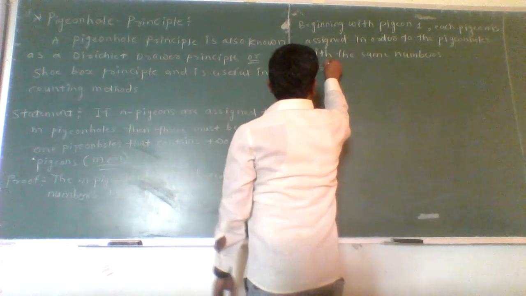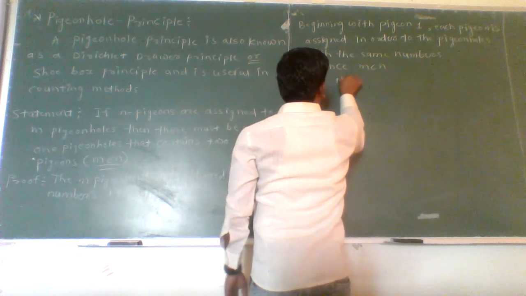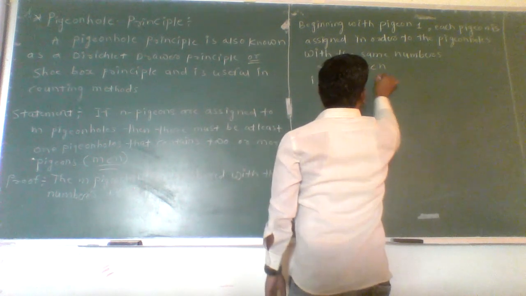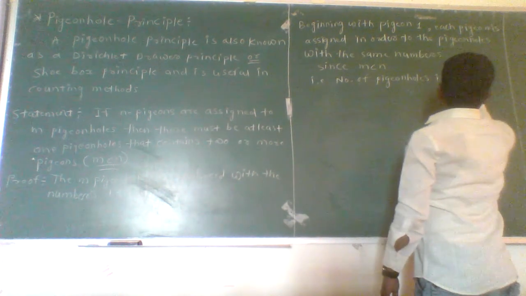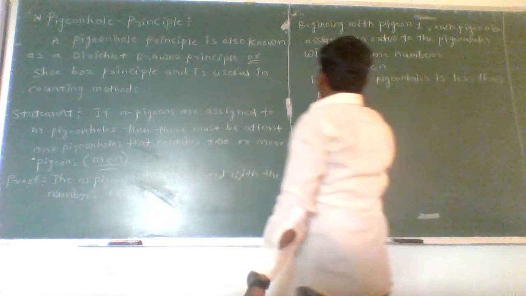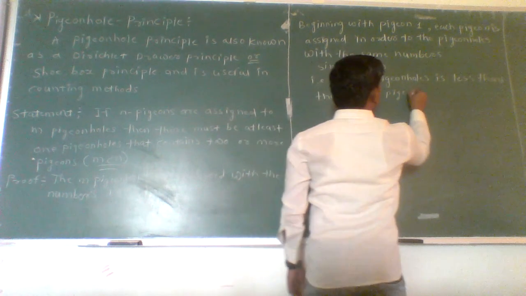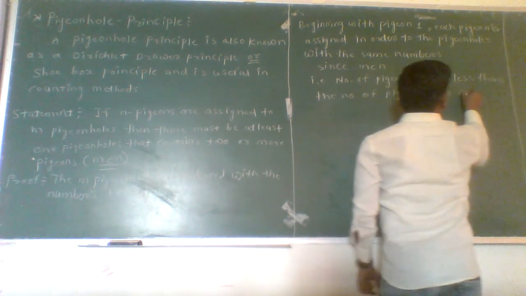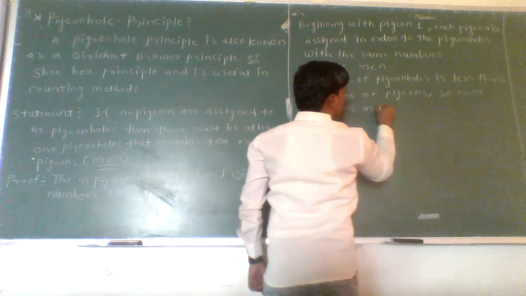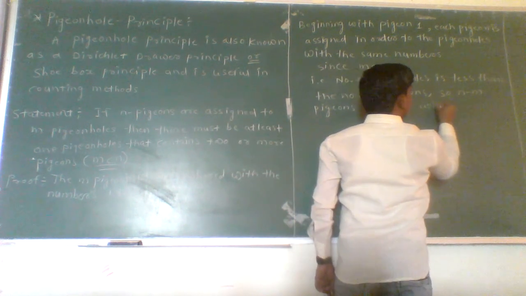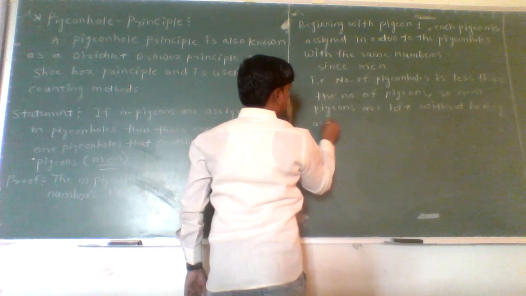Since m is less than n, that is, the number of pigeonholes is less than the number of pigeons, n minus m pigeons are left without having been assigned a pigeonhole.